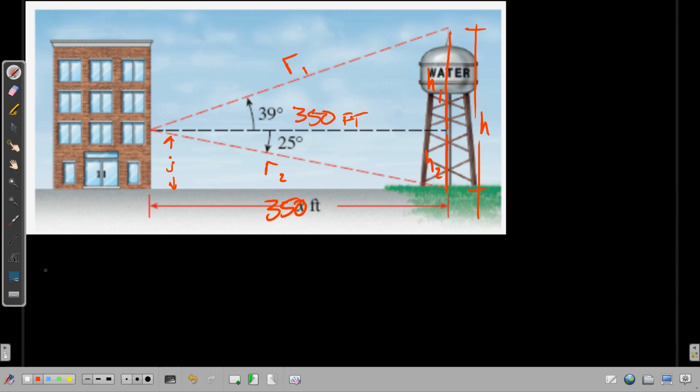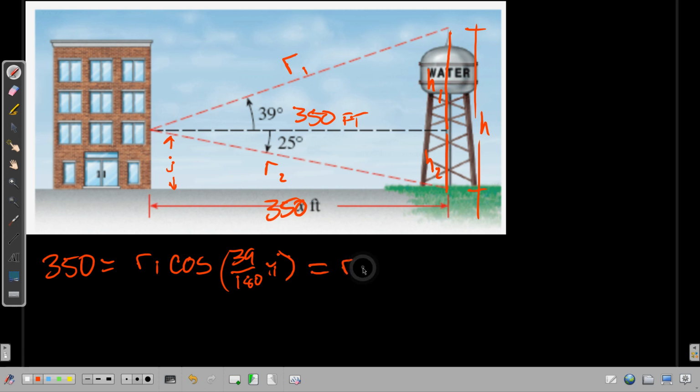Then I would have that 350 is equal to R1 cosine 39 over 180 pi, but that's the same thing as R2 cosine of negative 25 over 180 pi.